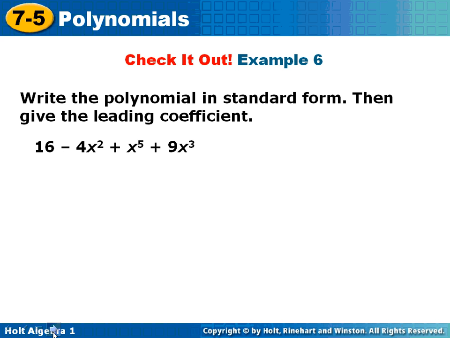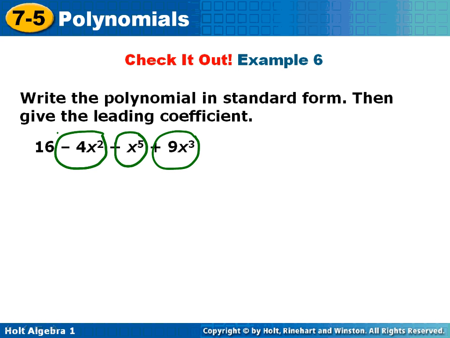Number 6. You just have to rewrite this in standard form. So don't write the problem, just write down the new standard form. Which term is going to go first? x to the 5th is going to be written first. The second term would be 9x to the 3rd. The third term is negative 4x squared, or minus 4x squared.